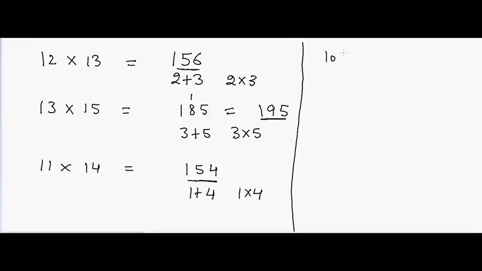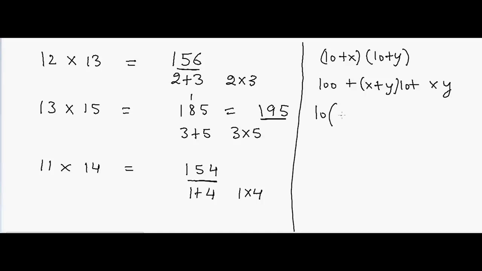So how this trick works, let's take a look into it. If we have 10 plus x and then 10 plus y, so we are taking 10 as a base and these numbers are close to 10. So in that case, if we solve this, it will be equal to 100 plus 10x plus 10y plus xy.